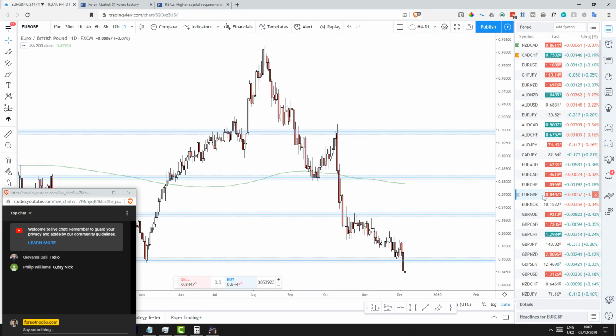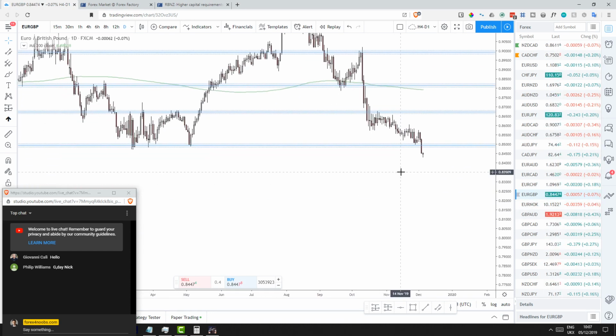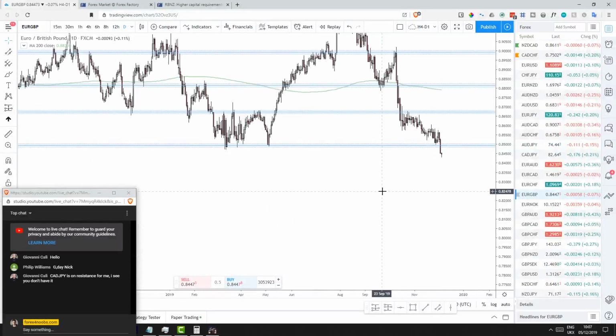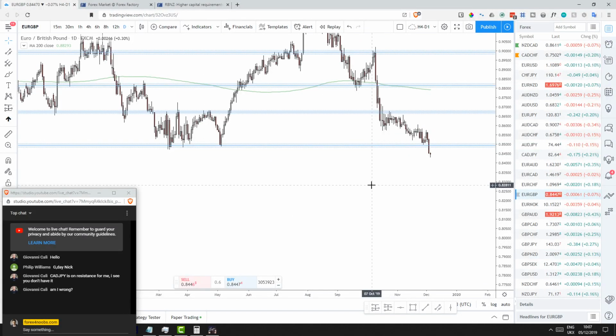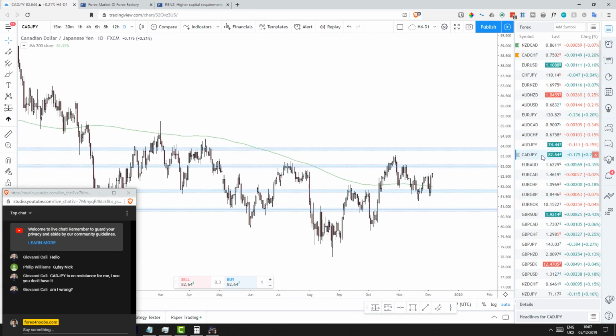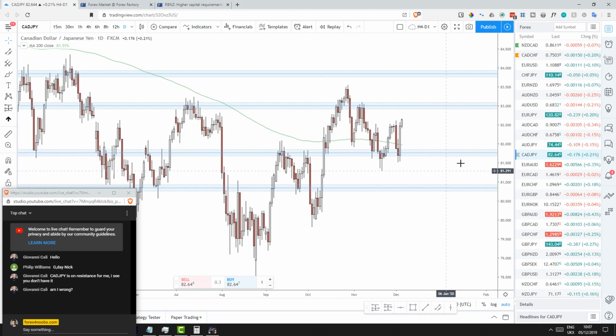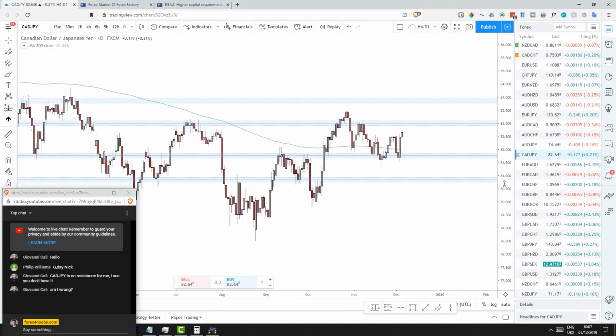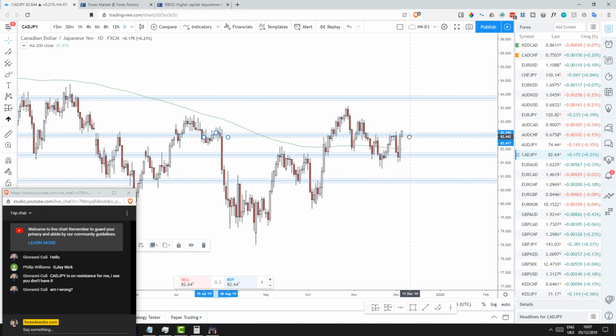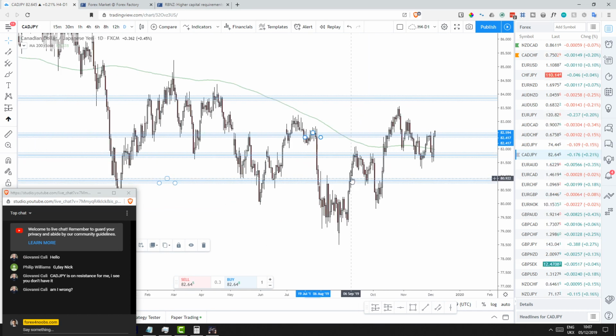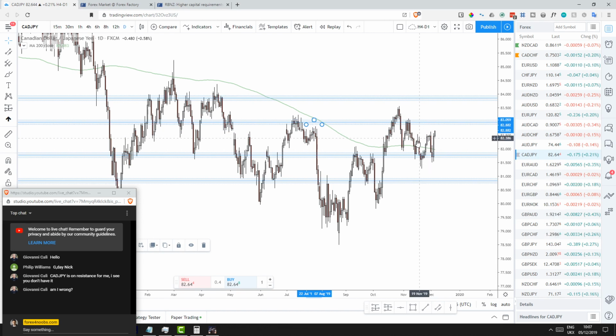Nothing on EuroCHF. Euro GBP has dropped down to some pretty significant lows at this point. I mean, it might be on resistance, but it's such a weak resistance area, man.